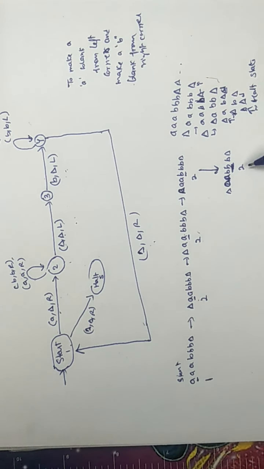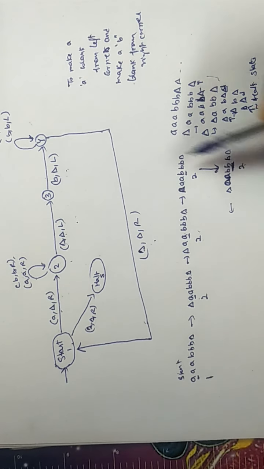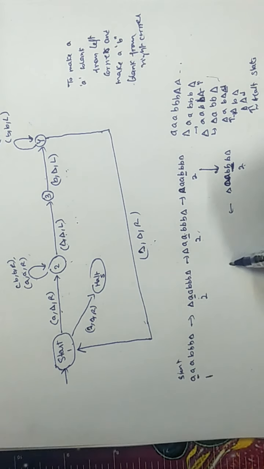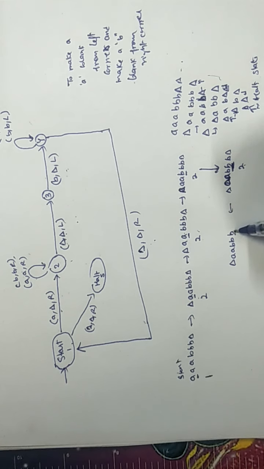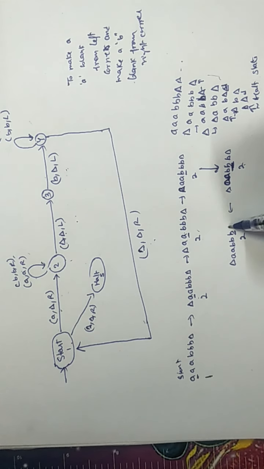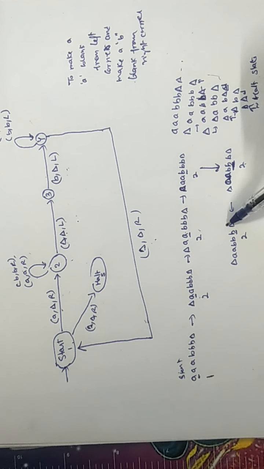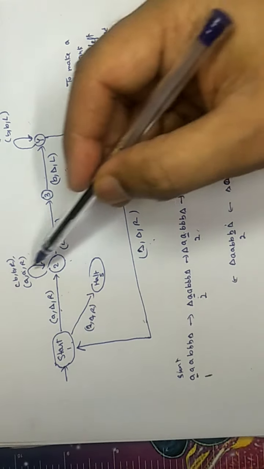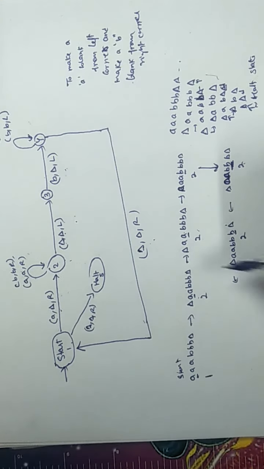Now again we are at state 2 and reading B, so it remains B only and we remain at state 2 only. The cursor moves to this position, we remain at state 2. Now at state 2 we are reading B again, so we move to the right and remain at state 2 and B remains unchanged.